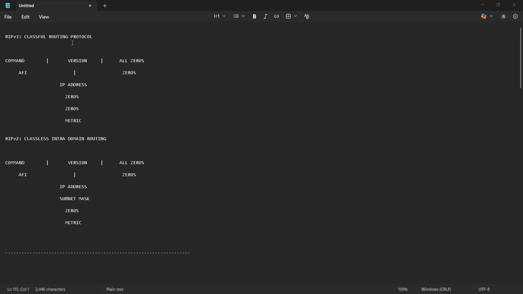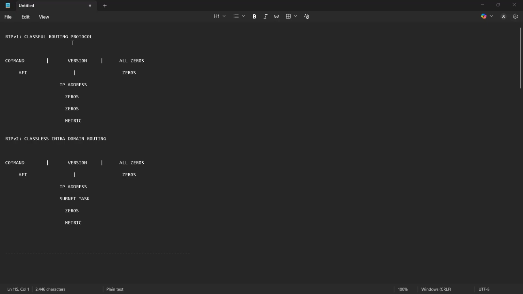Let's suppose a sender sends an IP address and the receiver receives it. The receiver then determines this by comparing with the existing subnet mask on one of its interfaces, and by that it decides whether to take it as a subnet, a network, or a host.